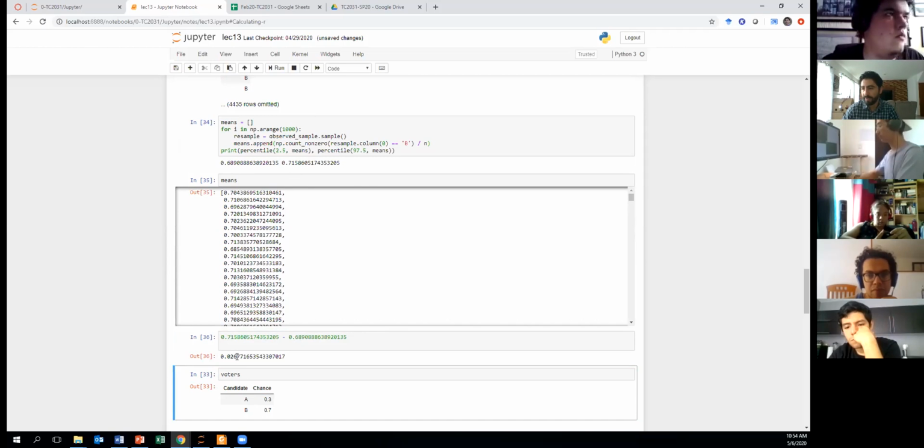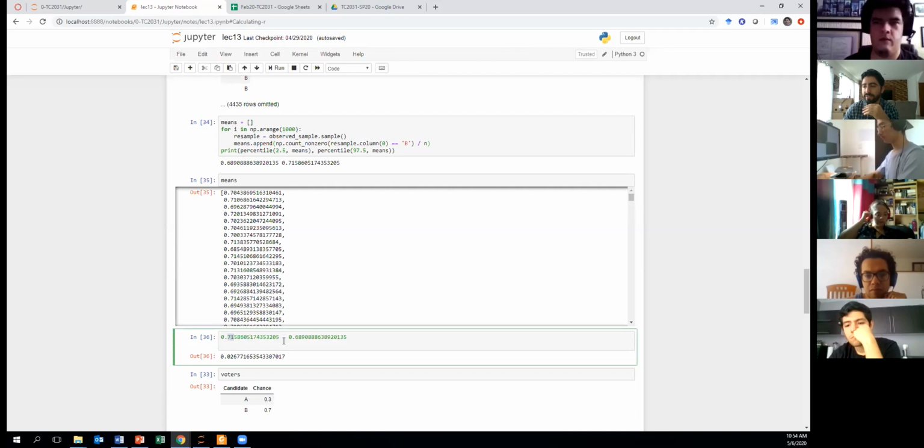The interval width is 0.0226, basically 2.56%. So it means that with 95% confidence, I guarantee candidate B in this case is going to receive 68% to 71% of the votes.